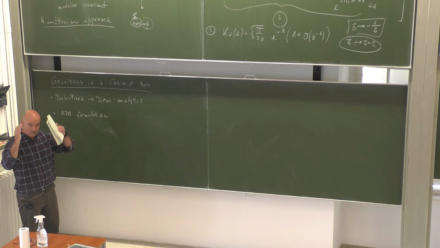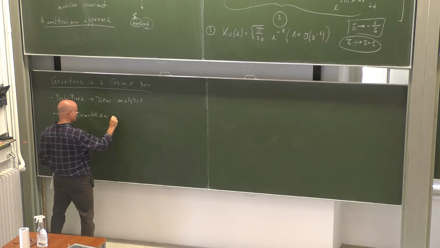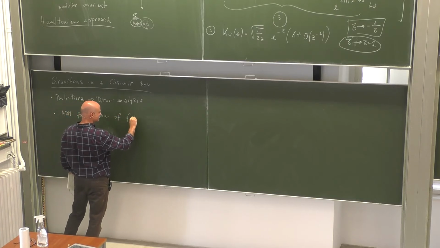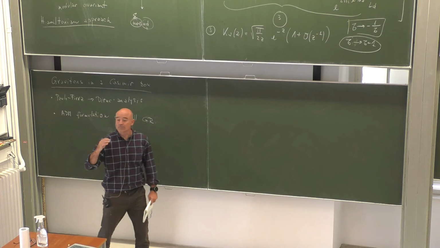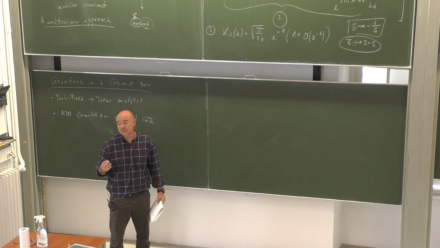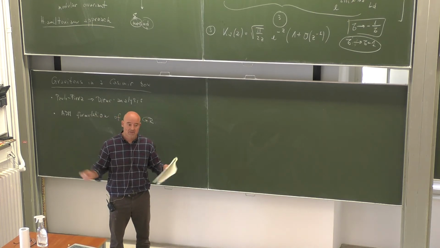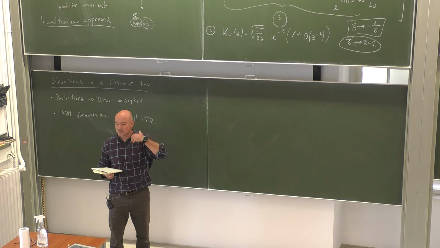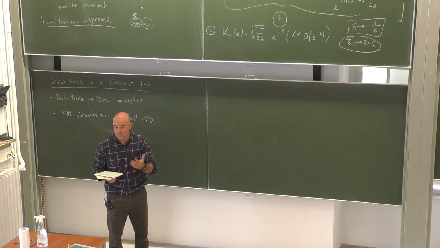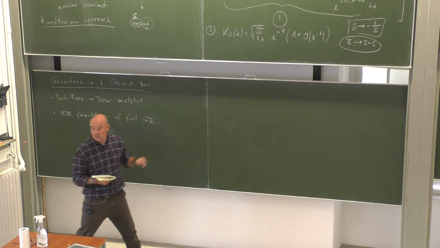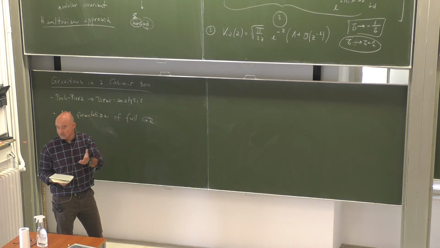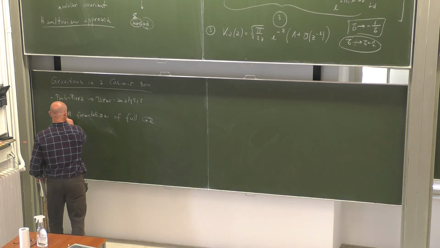You use their first order action of full GR, and you linearize that around flat space. That's much easier because the work has been done for you already. You just need to linearize this thing. That's the option which is the fastest.